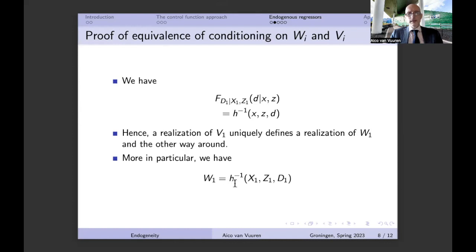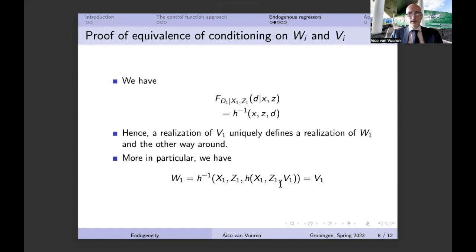And then the next thing that I can do is realize, what is d1 actually? Well, d1 is by definition equal to h evaluated in x1, z1, and V1. That's the definition of D1, or actually better to say, the definition of H. Now we should realize that what we have over here is the inverse function of H, taking into account that this is the inverse with respect to the third argument, evaluating H itself.